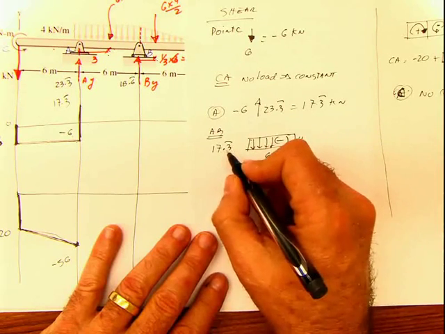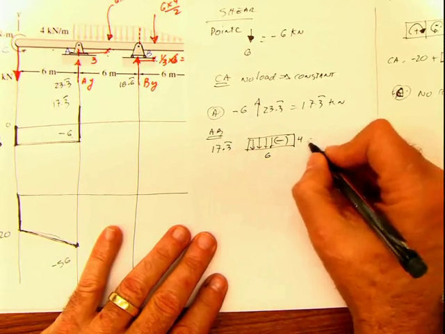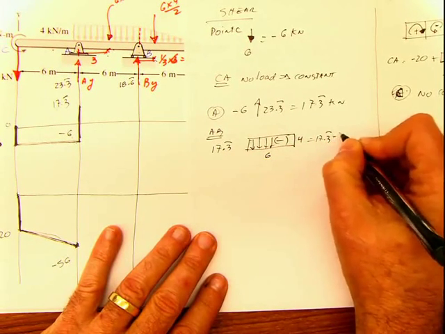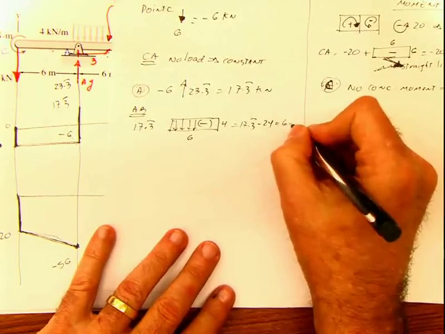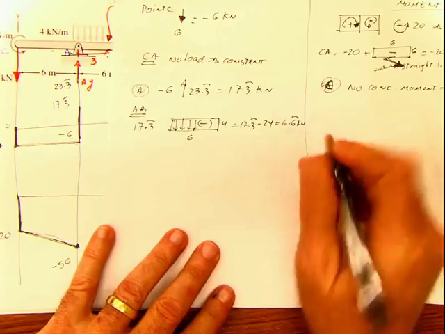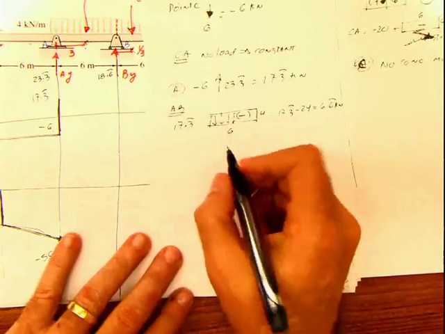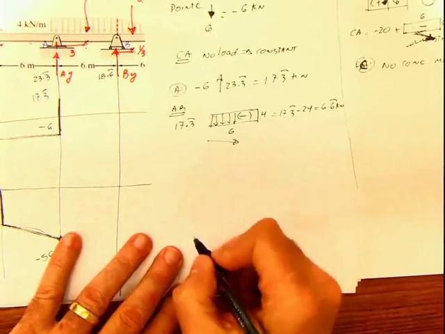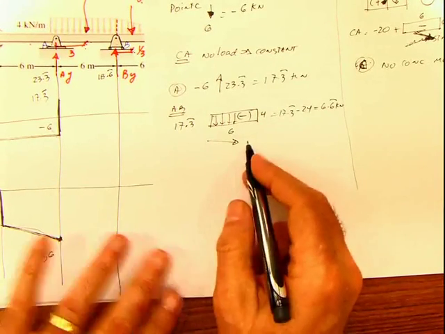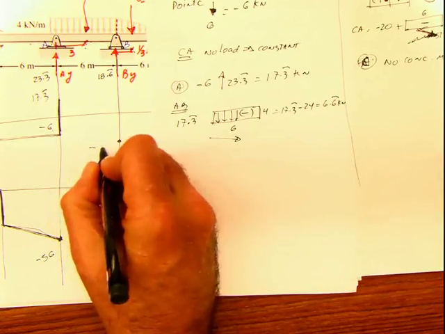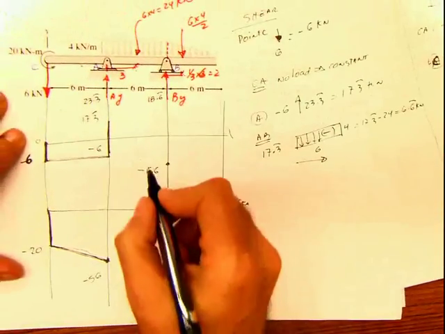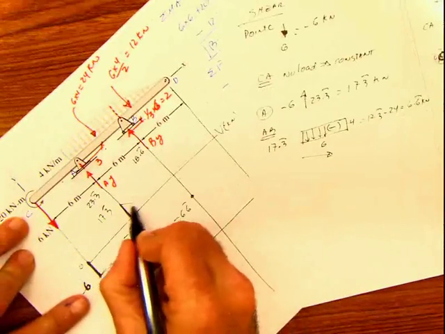So it's going to be 17.3 minus 24, which gives a value of negative 6.6 periodic also, kilonewton. And because this is a negative area, once again, the slope is going to be negative and it's going to be a straight line. We're going to reach this point here, negative 6.6 periodic, and this is going to be a straight line there.